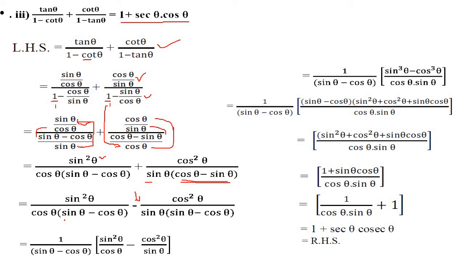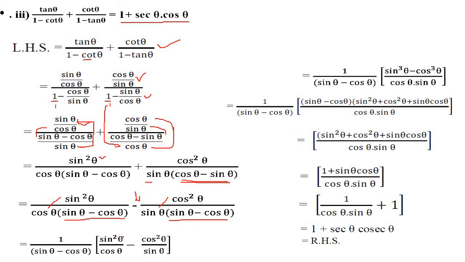Here sin theta minus cos theta is common. Take it outside, then you will get sin square theta divided by cos theta here, and cos square theta divided by sin theta here, with 1 by sin theta minus cos theta as common.